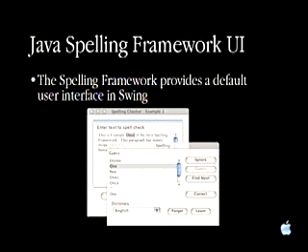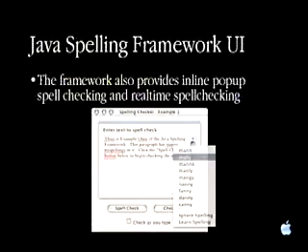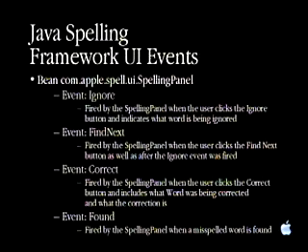Of course, you would have to handle the highlighting of the misspelled word. You would just get cues, and the cues you would get are events generated by the spelling panel. One of the cues would be an event called ignore: the user wants to ignore the currently suggested misspelled word. Find next. These just basically all apply to the buttons in that spelling panel.